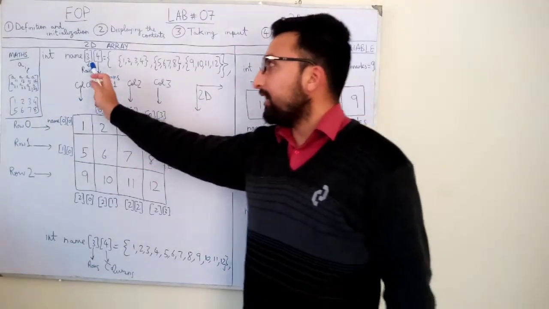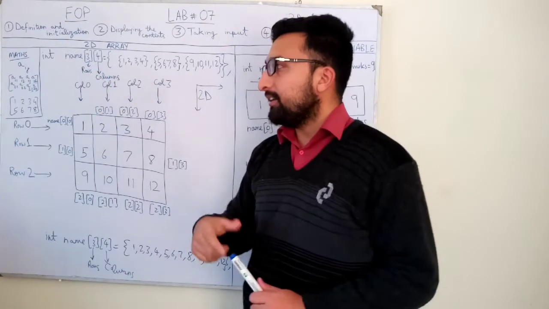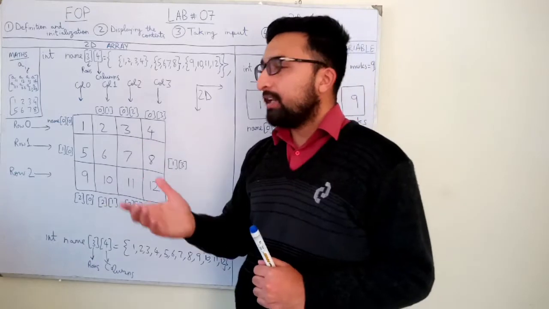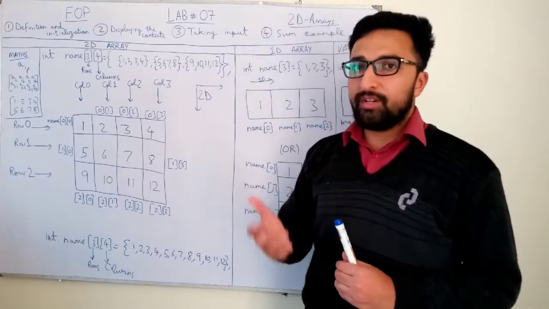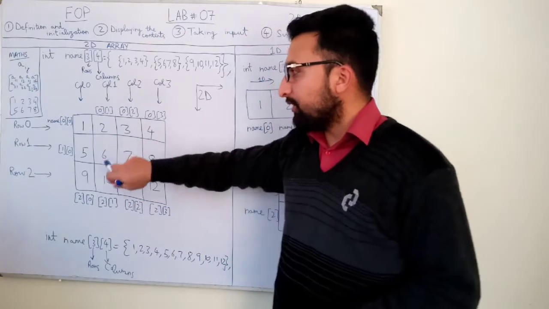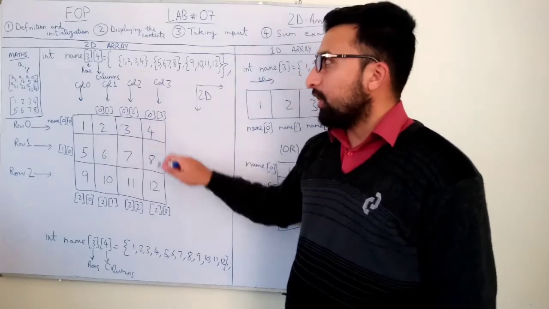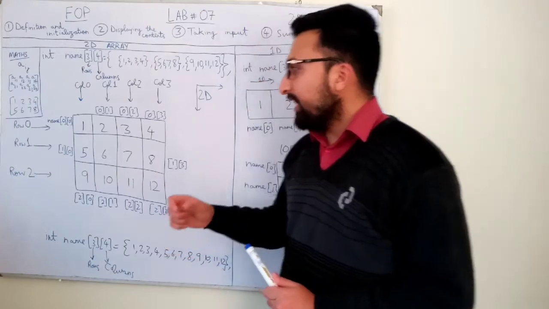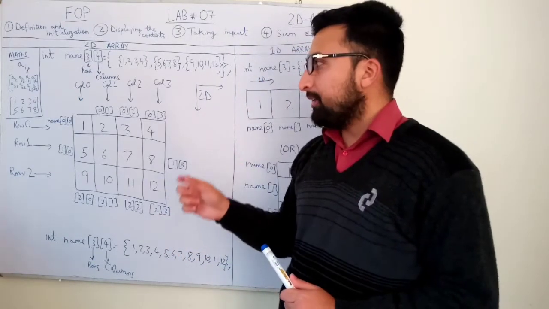For example, here we define our two-dimensional array to have 3 rows and 4 columns. And how did we initialize it? We made sets of the elements of each row.